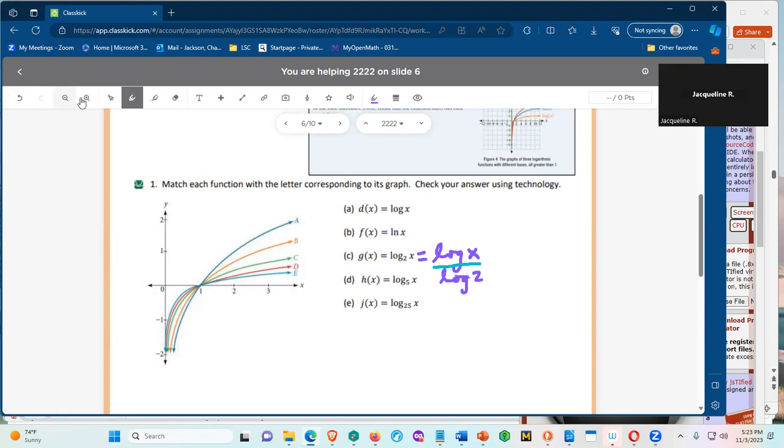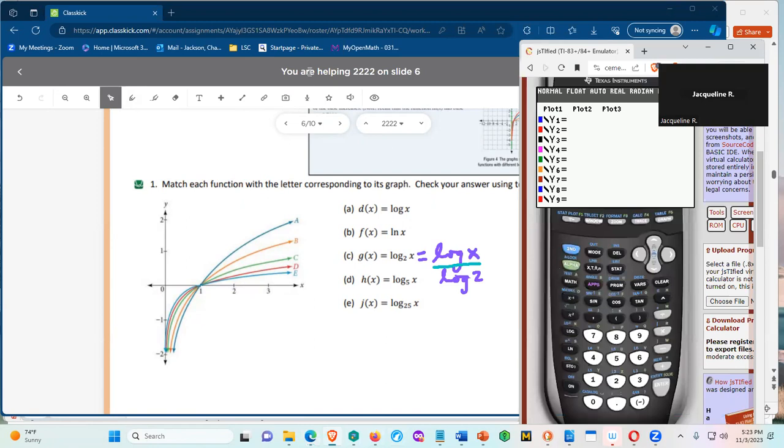On the face of the calculator, all we see is base 10 and base e. So to get base 2, we have to go to Math and then scroll to log base, and then we can put base 2. We still have to be able to use the change of base formula even if we do this.